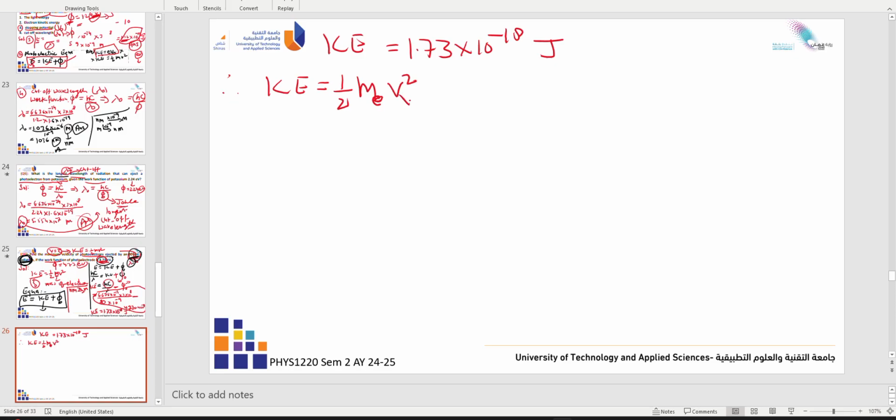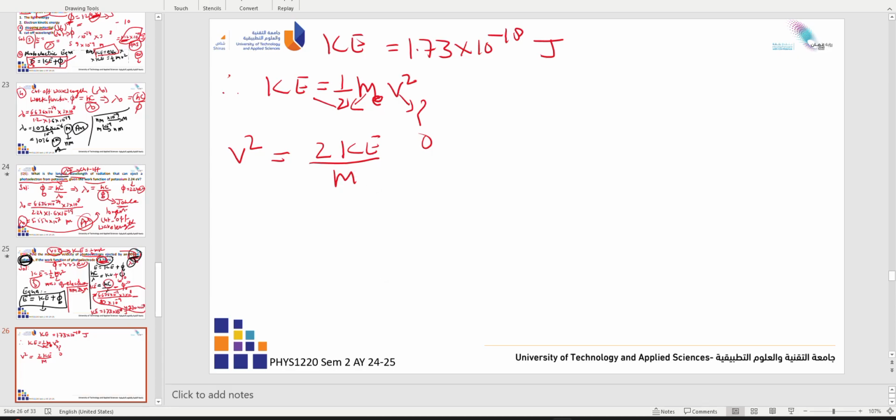So I need to find this v. I will take the v square on one side, so the 2 will go to the other side: 2 multiplied by the kinetic energy, and this will go to the other side.